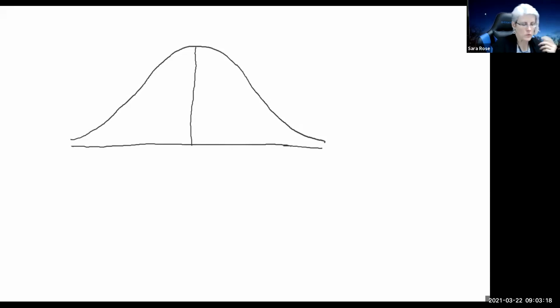Okay, and when we were talking about distributions, we often talked about the mean, and we talked about standard deviations and how you could measure standard deviations above and below the mean.